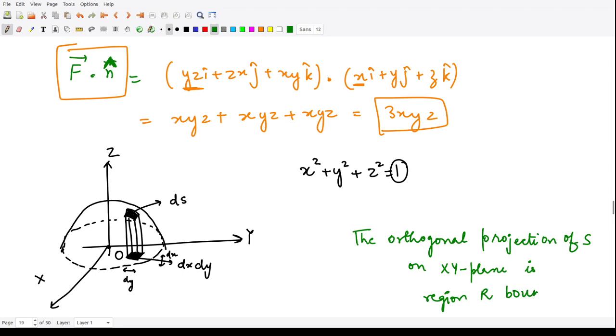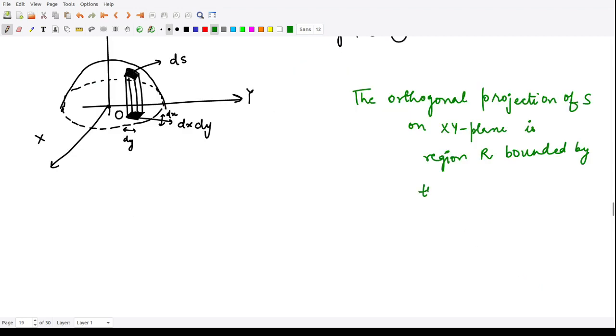which is bounded by the circle x squared plus y squared is equal to 1. Now this is the equation of this particular circle, right? And the plane z is equal to 0. So this is the projection.